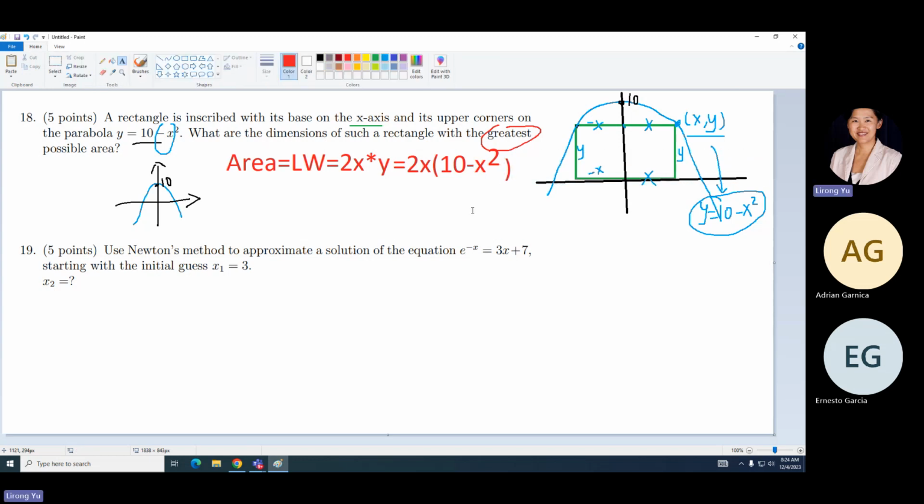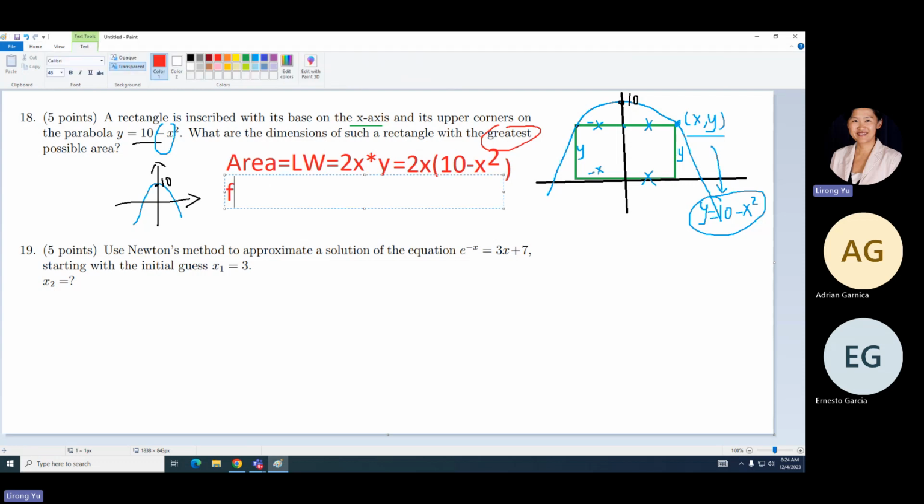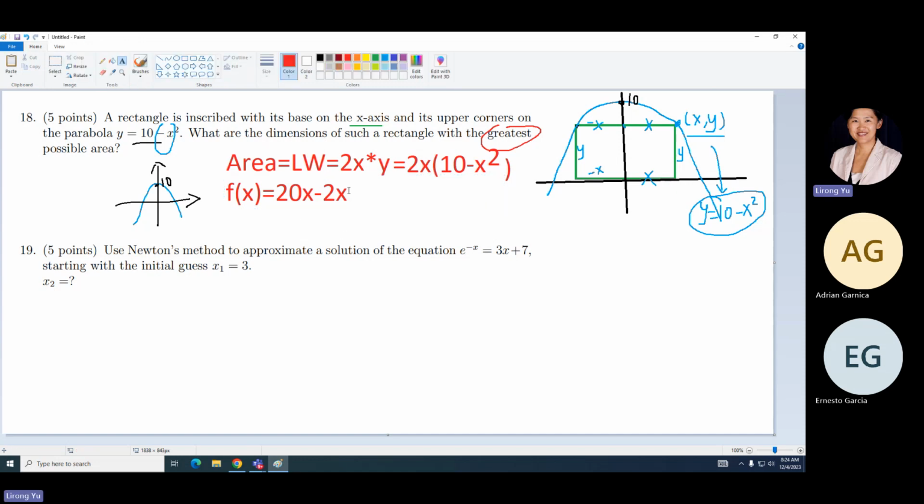That is going to be the formula for the area, and this is what we need to find the maximum value for. So f(x): we distribute the 2x, 2x times 10 is 20x, and 2x times x squared gives negative 2x cubed. That's the function we're trying to find the maximum value for.